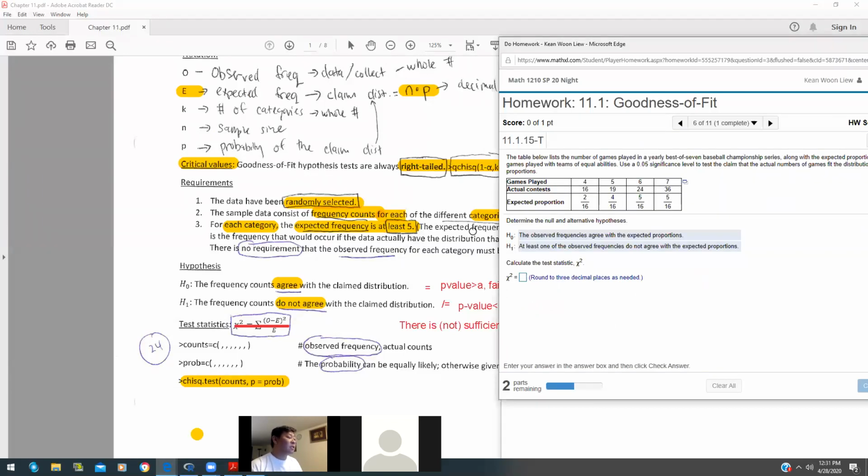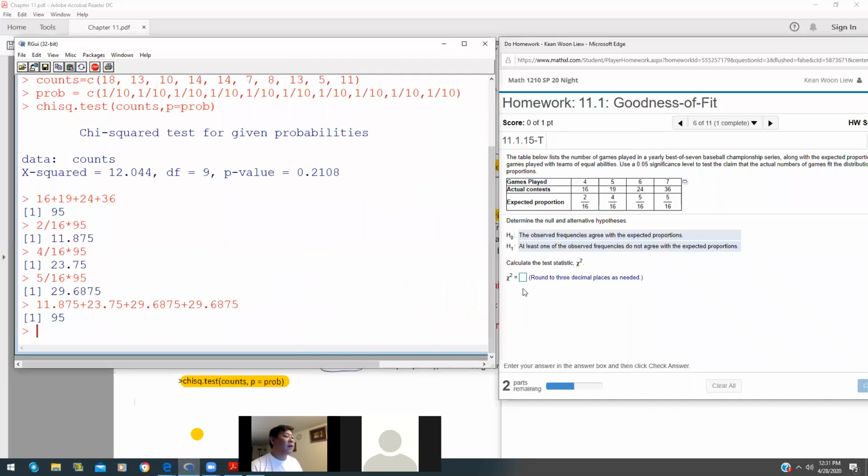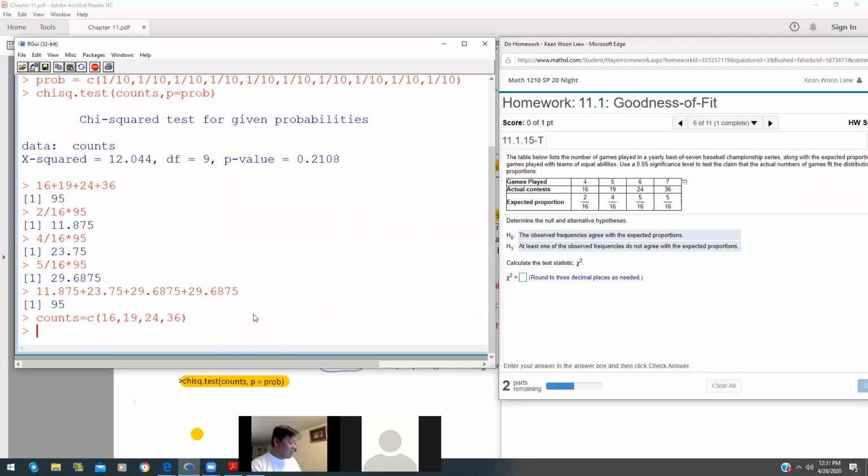So how do we do this question in your calculator to find your test statistic? We do the same thing as last time. You do the counts: C equals 16, 19, 24, 36. And then your prop in this case is going to be your expected proportion, which is 2 out of 16, 4 out of 16, 5 out of 16, and 5 out of 16.